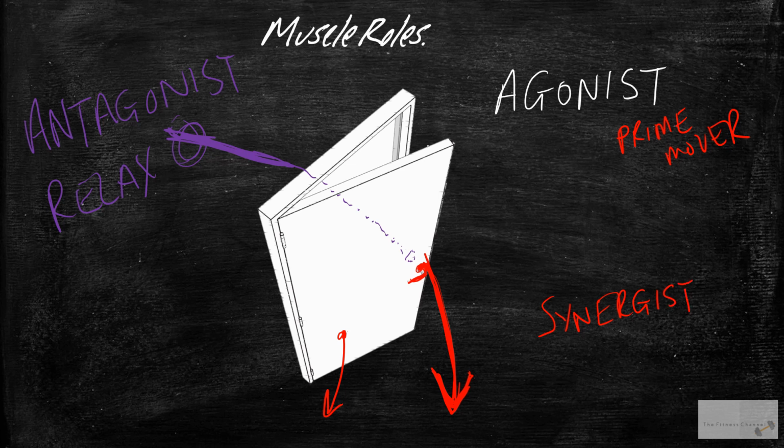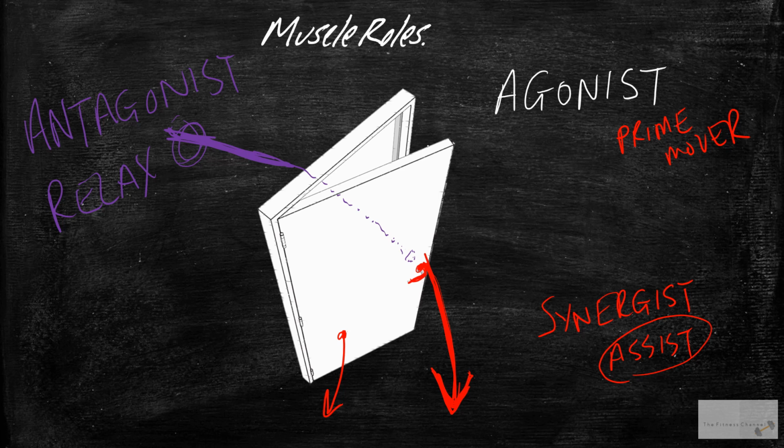They're not performing the main action, they're not the prime mover, but they're going to help out because they're there anyway, basically. So the synergists assist the prime mover, but they're not the one doing the main movement, or they shouldn't be, as a note.